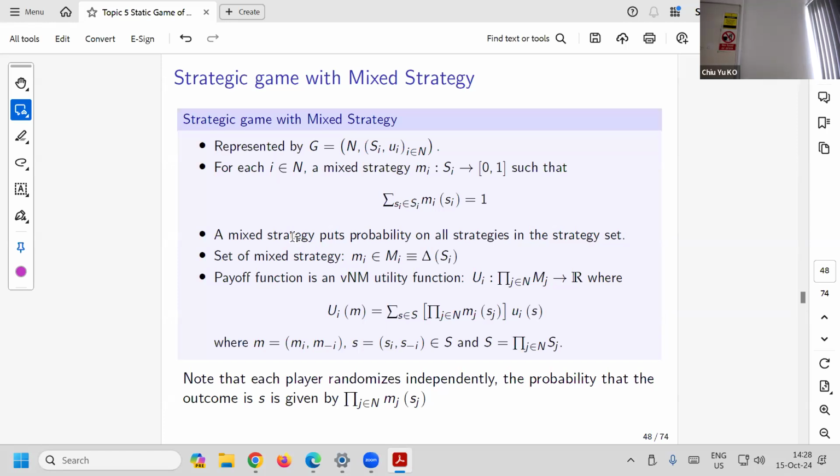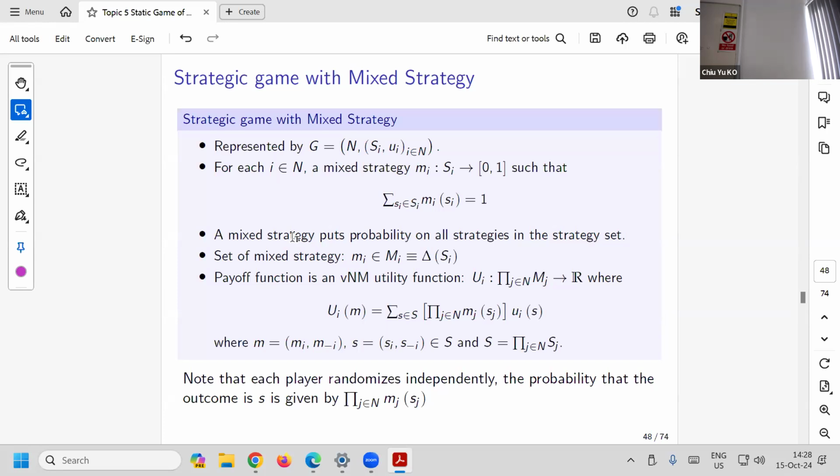And for the payoff function, now we have to use expected utility theory, because strategies are randomized. It is based on the probability that a particular strategy profile is realized. Because the randomization is independent, that is what we assume in a non-cooperative game.